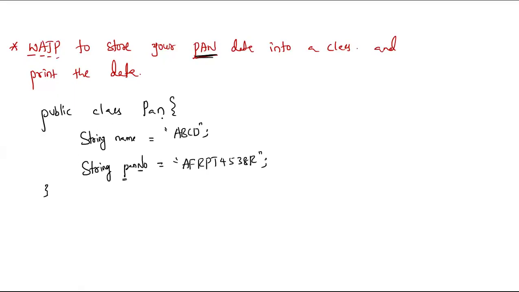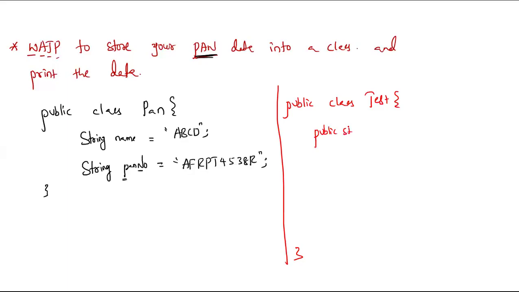Then, is this class a virtual entity or a physical entity? Virtual entity. Then how do we execute this class to print the data? As we discussed, if we take one more class in the same package, for example public class test class, for any Java program to execute, that class should have a main method.